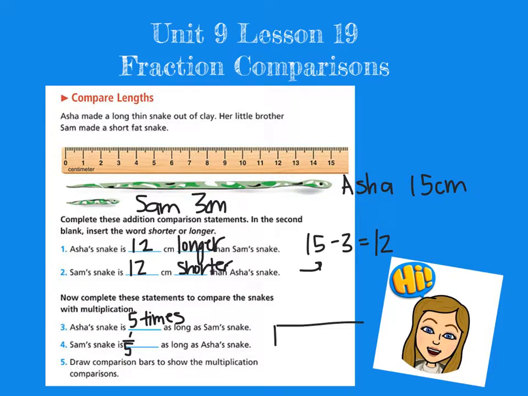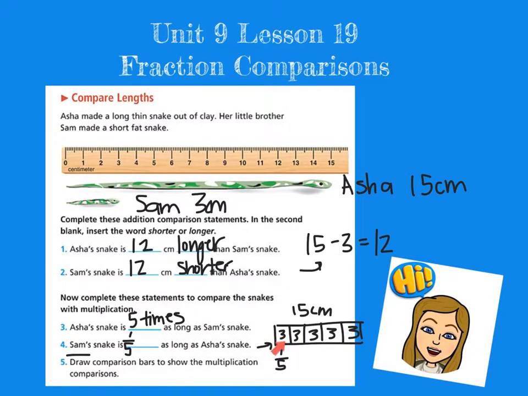So Asha's snake is 15 centimeters long. Sam's snake is only 3 centimeters. If we split Asha's snake into pieces, that would be 5 parts of 3 centimeters. So this is how we know that Sam's snake at 3 centimeters is only 1/5 of Asha's snake, which measures 15 centimeters.